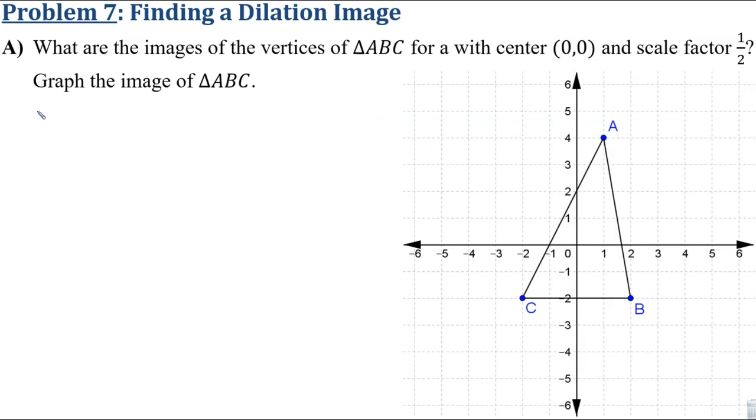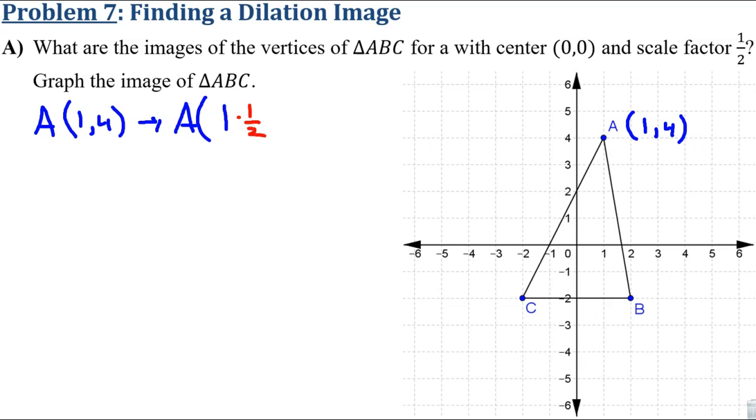And the way this is going to work is we're going to take each point. So let's say right now A is at 1, 4. And we'll dilate it to A prime, which will be at 1, its x-coordinate, times the scale factor, and then also its y-coordinate 4 times the scale factor as well.